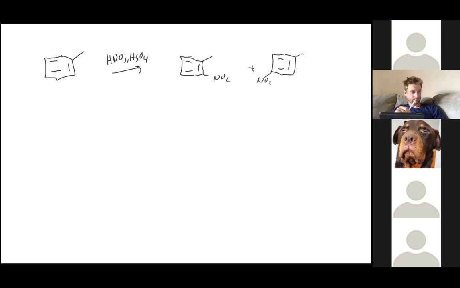If we were to then take one of these and add in iron, HCl, NaOH, we'll be able to reduce these down to amines.